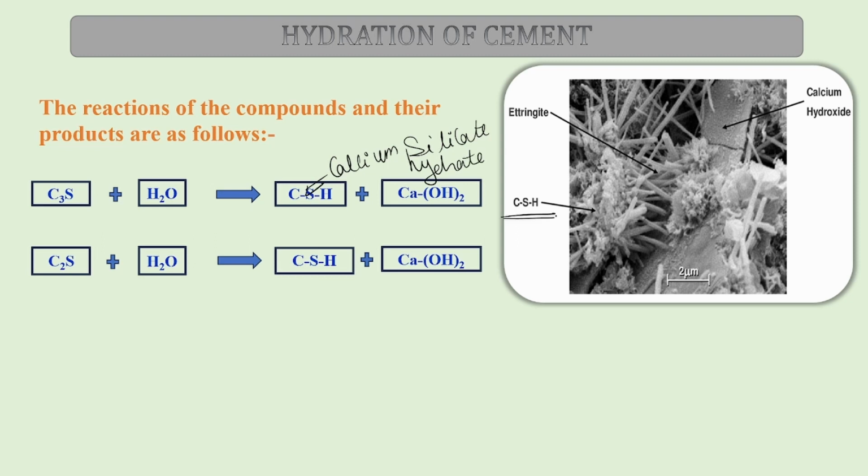You can see the picture also over here. Now, this is a gel-like structure, and also a lot of calcium hydroxide is formed. Here, I would like to mention that CSH gel is also known as tobermorite gel.